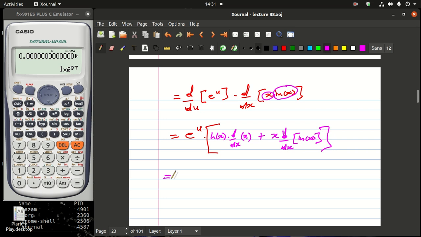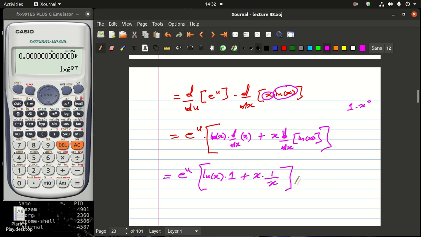So I have e to the power u, and then ln of x, and the derivative with respect to x of x is just 1, or 1 times x raised to 0, which is 1. 1 times 1 is 1. And then I have x times the derivative of ln of x with respect to x. We know that is going to be 1 over x.